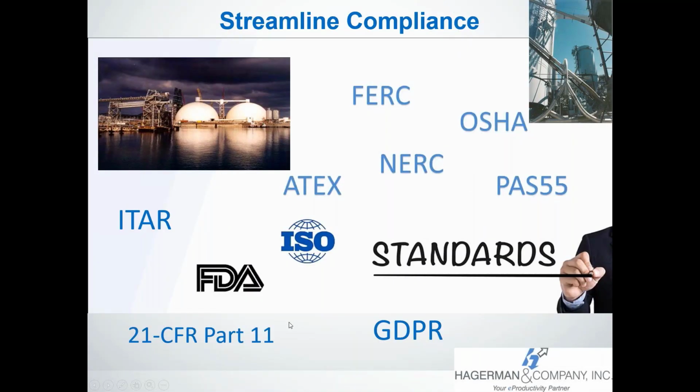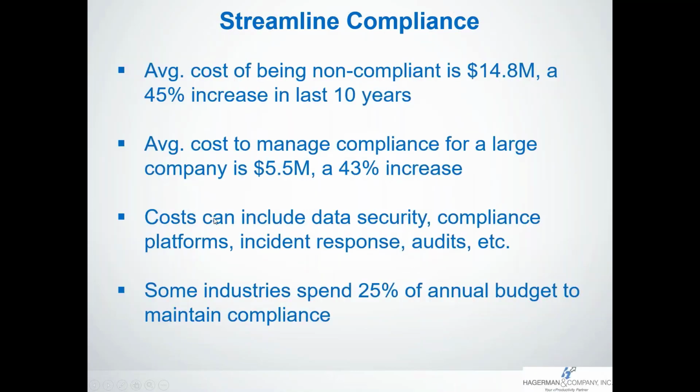Streamlining compliance. Again, this is getting to be a bigger and bigger deal, and you can see here all the different industry compliance requirements, well, this isn't all of them, that your organization might have to adhere to. And of course, compliance is much bigger when you get into industries like pharmaceutical, chemicals, utilities, and so on. And then you can look at some of the increasing costs within those and other industries.